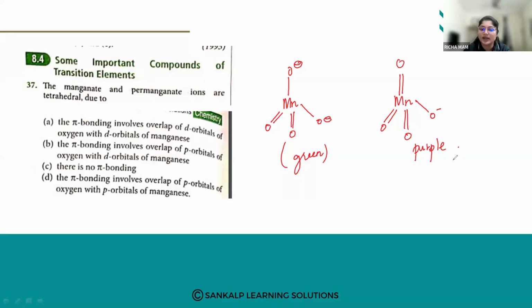This is permanganate, and this is manganate.